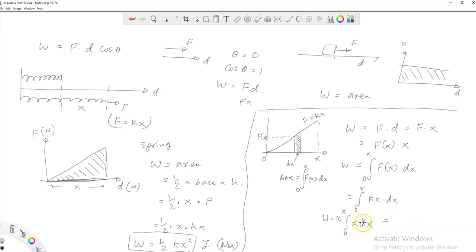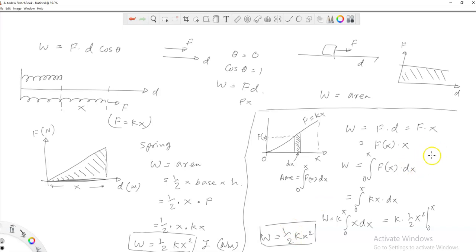It becomes k times half times x squared from 0 to x. Now if you apply the boundary condition, you get finally work equals half kx squared. So for a spring, it simplifies to this.